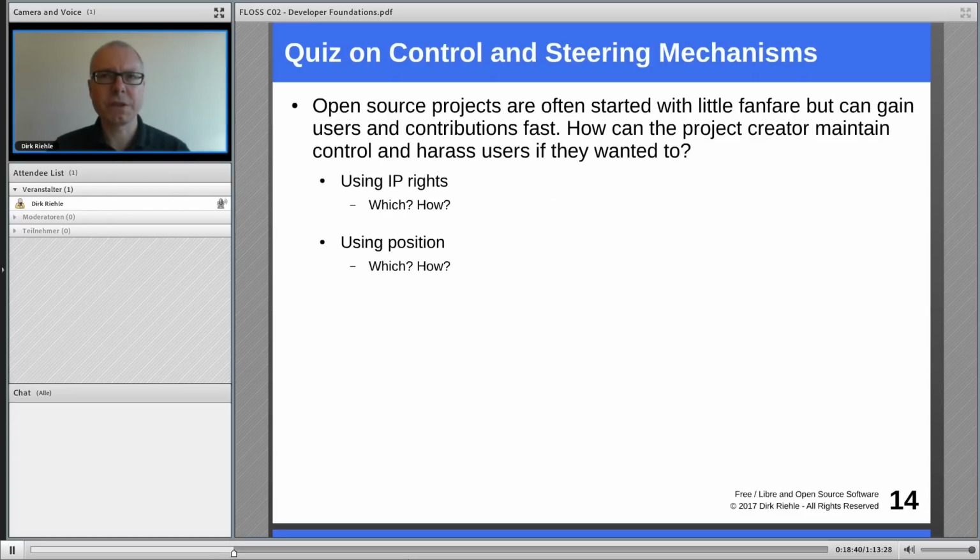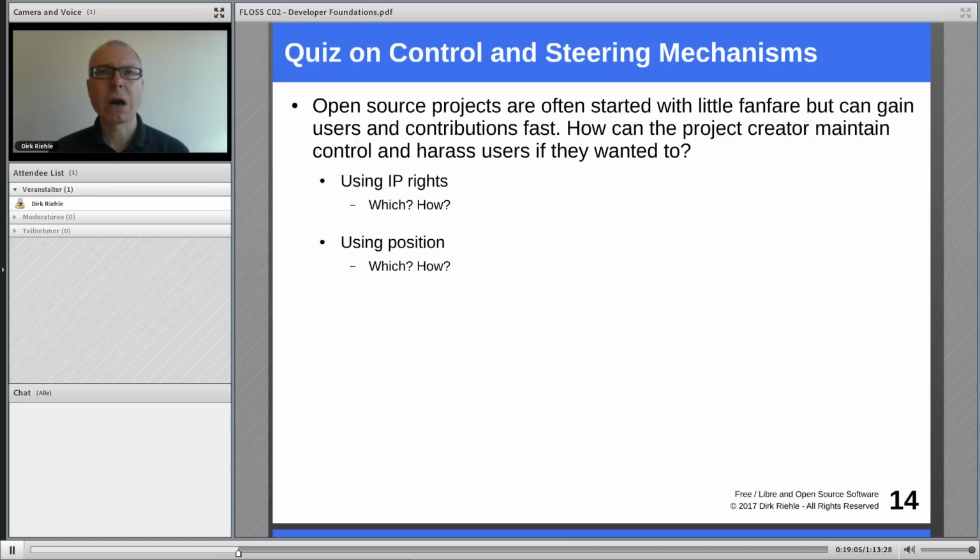So you may wonder how serious all of that is. Well, here's a little quiz. Imagine you've developed some open source software and it really gained traction, so it's got users and it gets contributions, but you're the project owner: you own the GitHub repository, maybe you own the trademark to the name, or you own the domain.